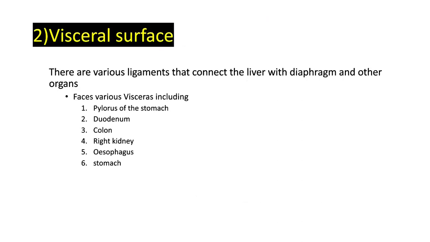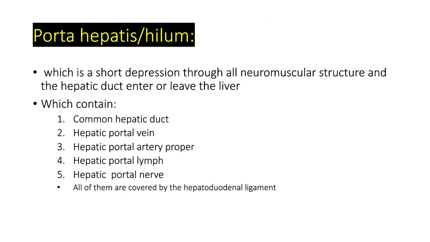The next surface is the visceral surface. There are various ligaments that connect the liver with the diaphragm and other organs. It faces various viscera. These are the structures that face the visceral surface of the liver: the pylorus of the stomach, duodenum, colon, right kidney, esophagus, and stomach.